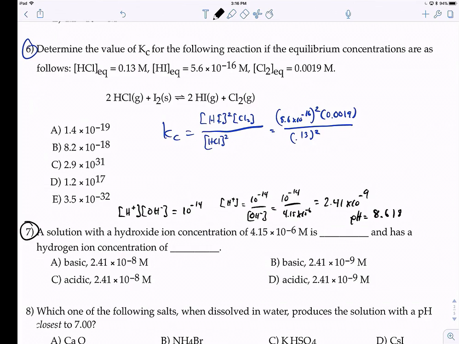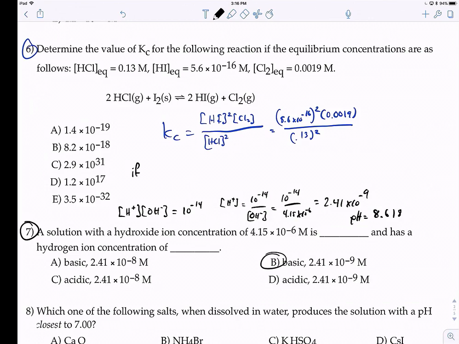But if the hydroxide ion concentration is greater than 10 to the minus 7, it's going to be alkaline or basic. So it's that one. So questions with this? What's that? You said it's 10 to the minus 7.